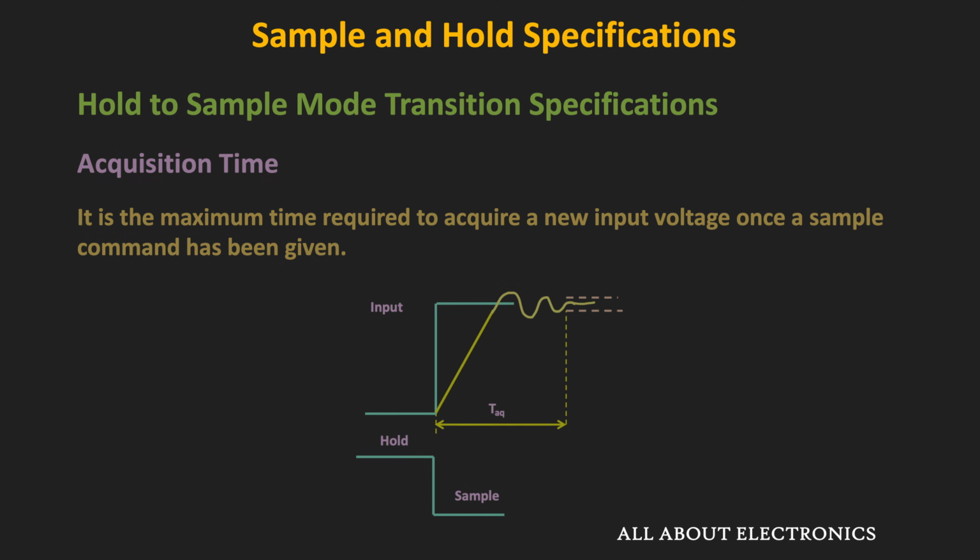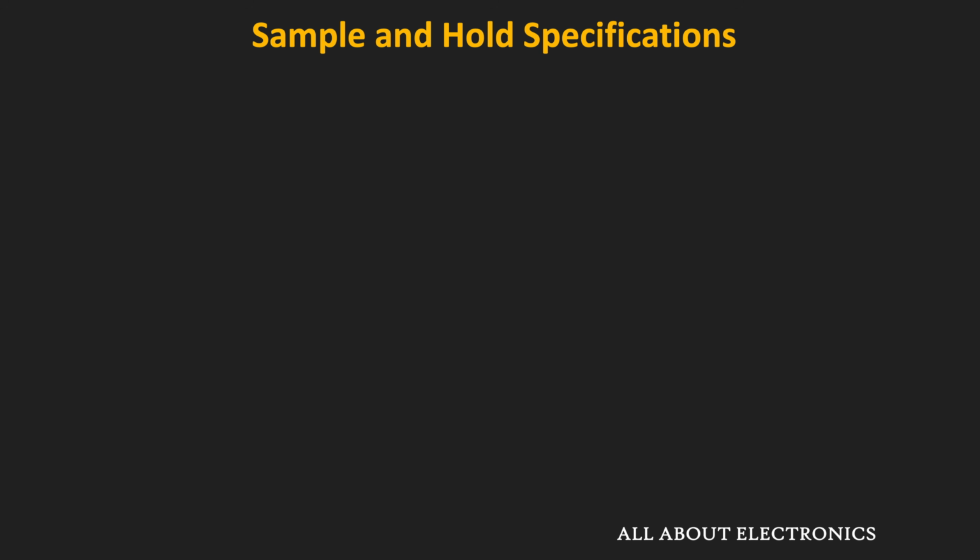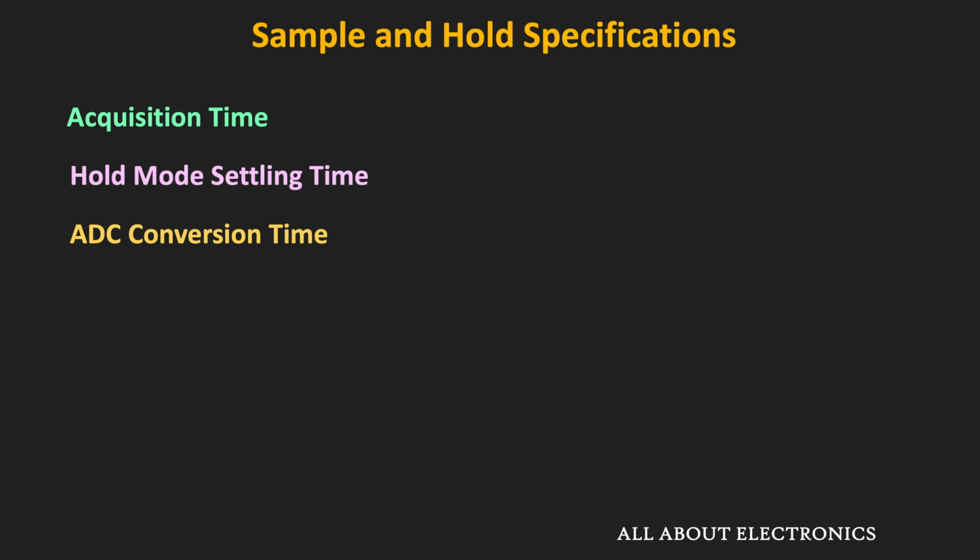Now among these specifications, two are very important for deciding the maximum sampling frequency, that is, the maximum frequency at which the input signal can be sampled. These two specifications are the acquisition time and the hold mode settling time.